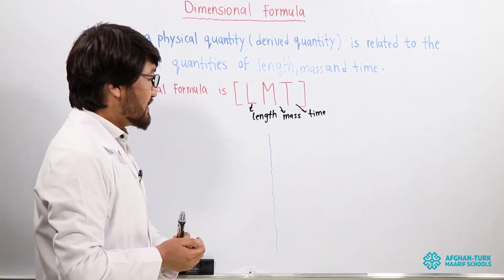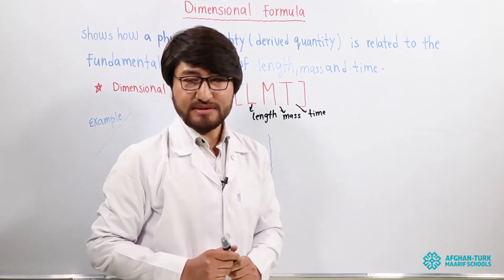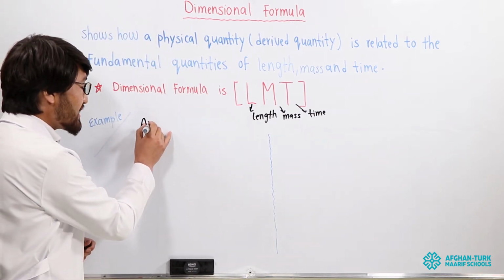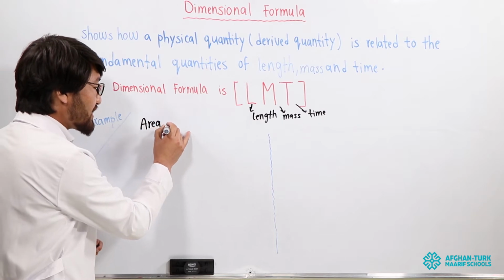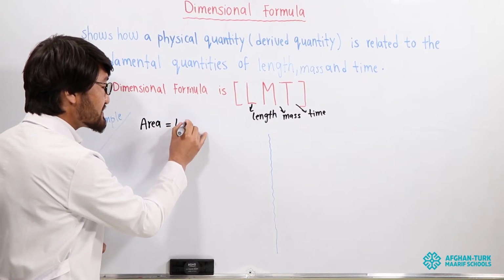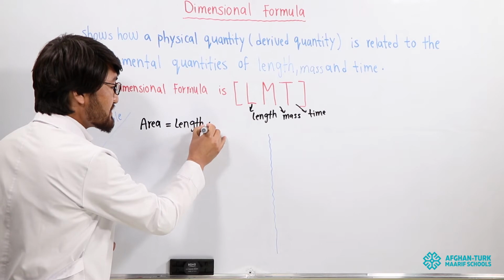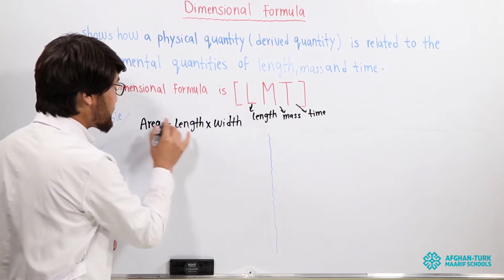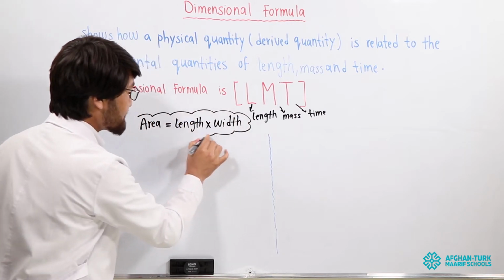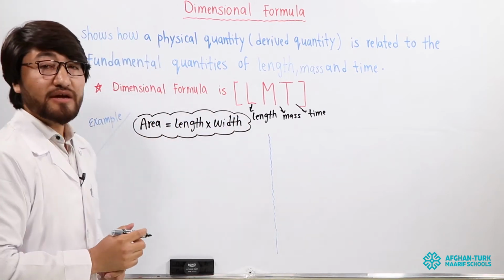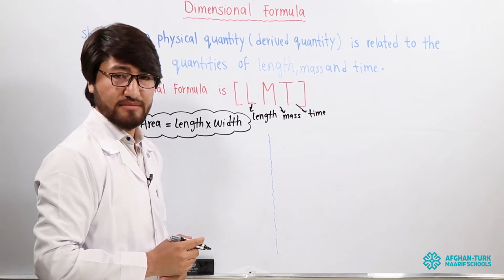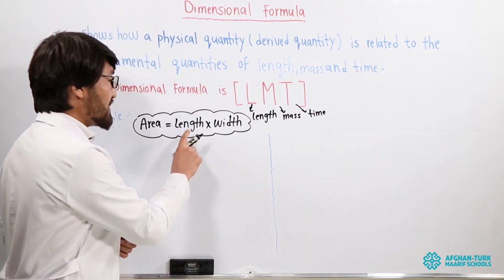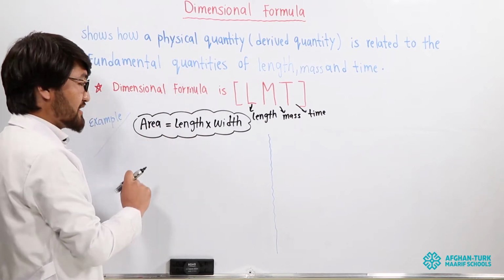Okay, let's look at some examples. Area is equal to length times width. This is the formula of area. Area is a derived quantity. Now we find the dimensional formula of area.